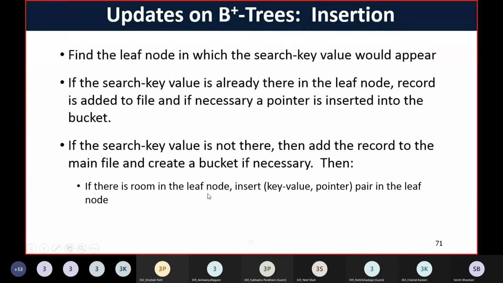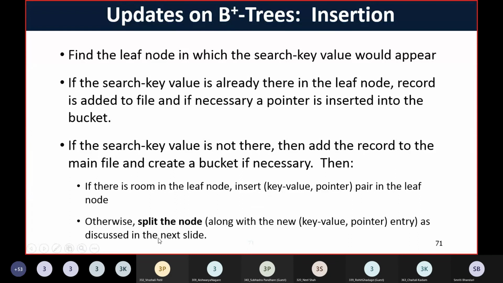So if there is space available in the leaf node, then directly we are going to insert that key value along with the pointer in the respective leaf node at the appropriate position. But if there is no room in the leaf node, then we need to split the node.